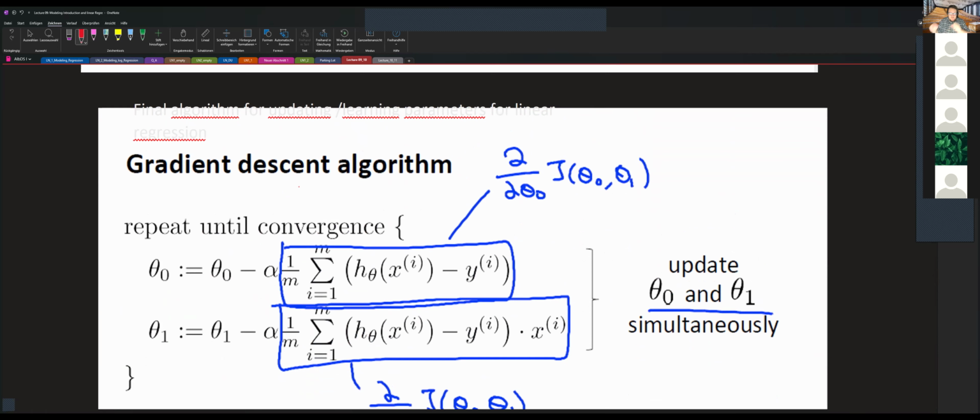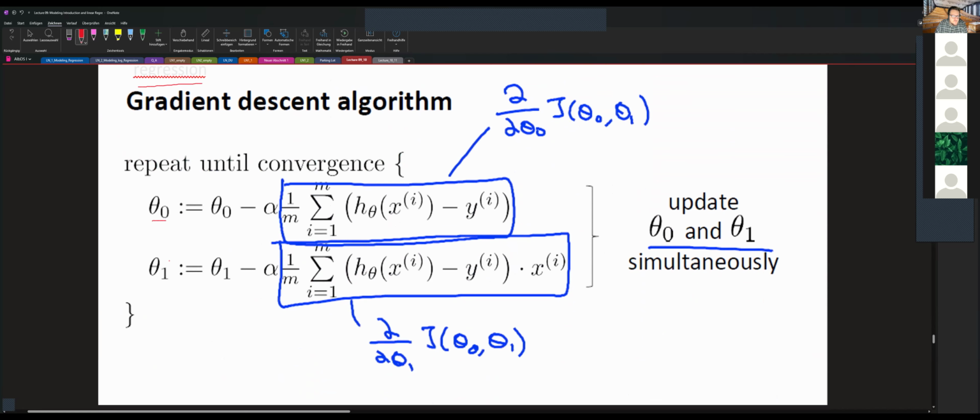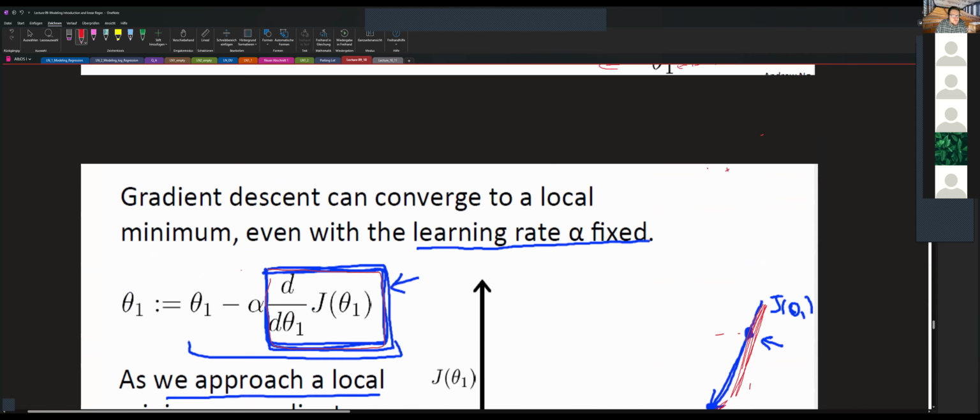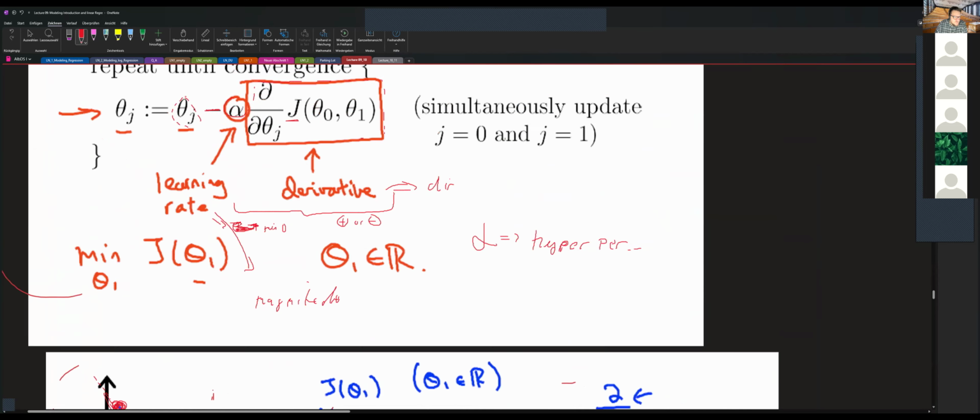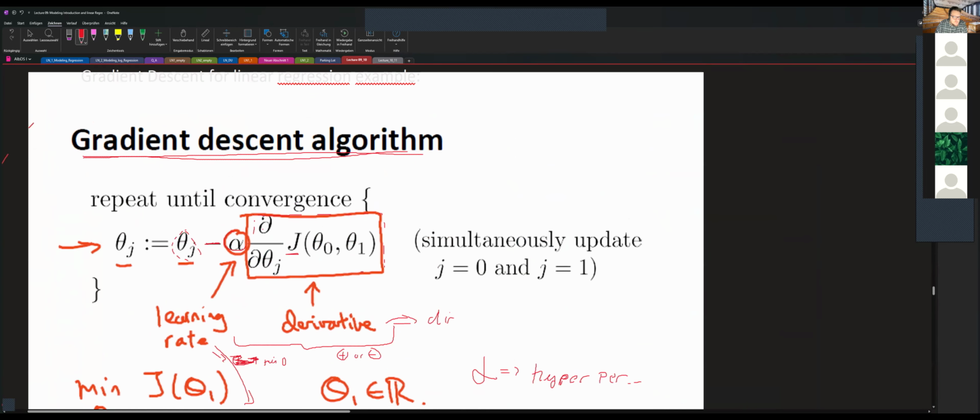So this is the gradient descent algorithm and how it's done. For linear regression we repeat until convergence. This is for the two parameters. This is the general formula: repeat until convergence, theta j minus alpha times the derivative of J with respect to theta j.